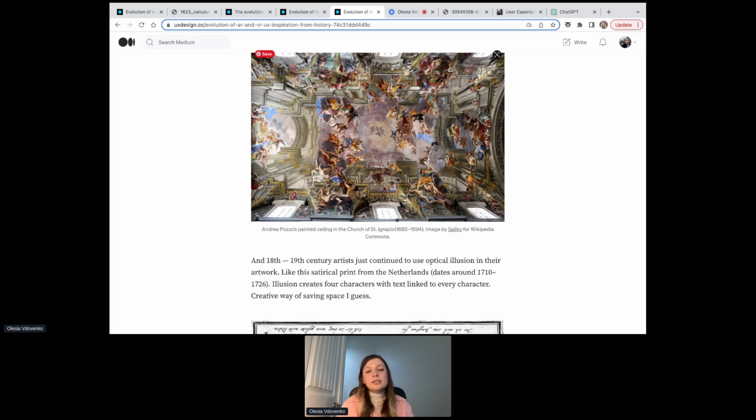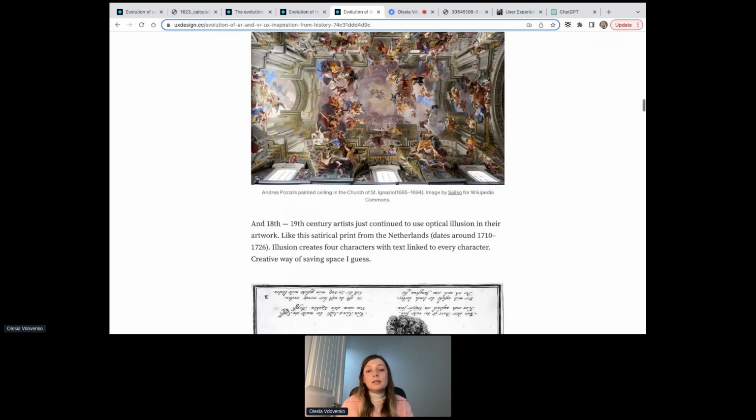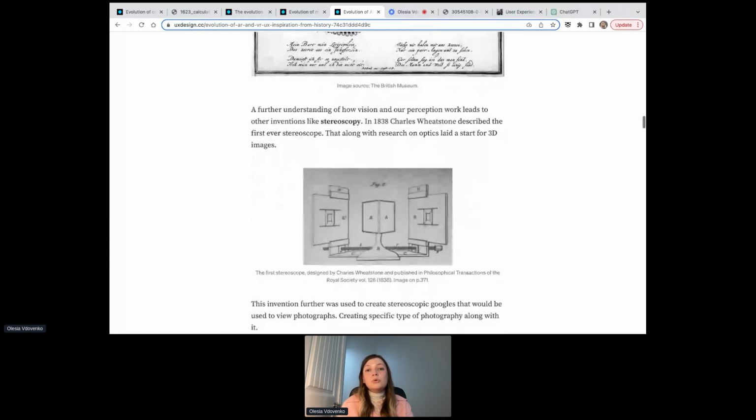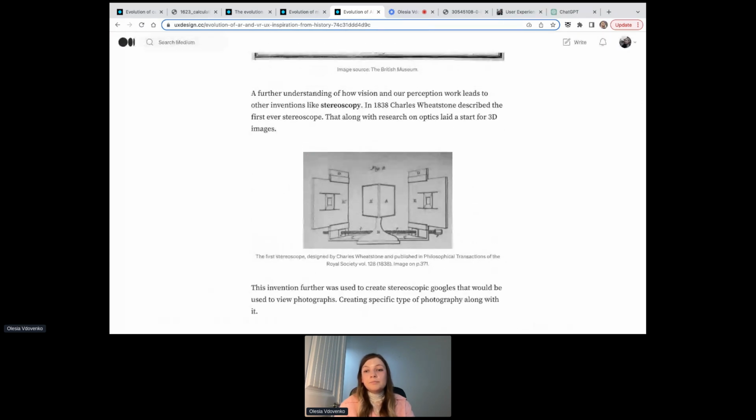And that started some researches for philosophers, for scientists about the optics, which then led to stereoscopy, which is basically the beginning of 3D images.